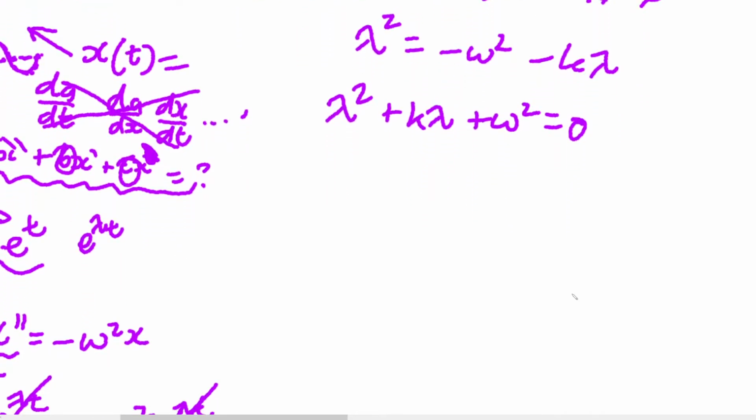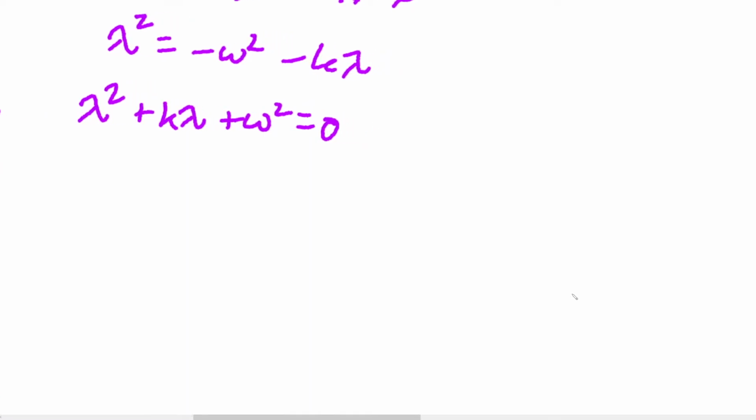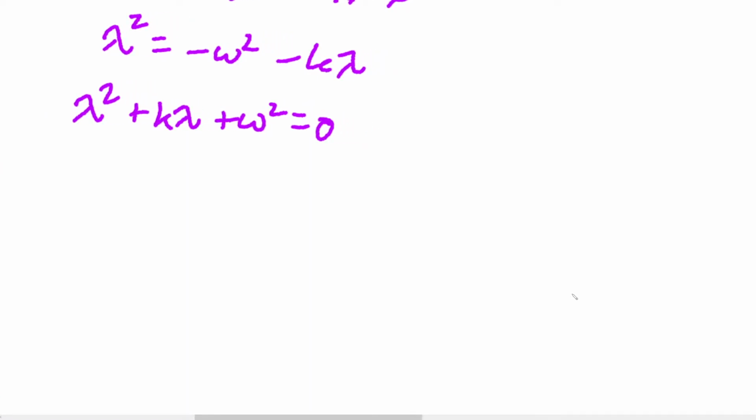So how do we go about this? Well, in order to best illustrate the point I'm going to make about the different scenarios that we might find depending on the sizes of k and omega squared, we will have to look at different solutions, whether they are complex or real.